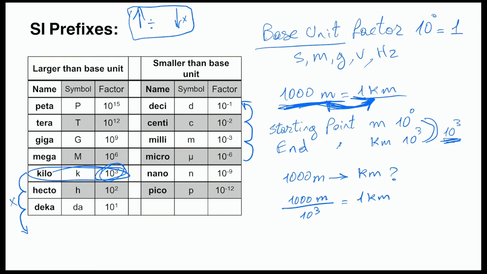And if we're going the other way around, from 1 kilometer to meters, because we're going down, we're going to multiply by the same factor. So we're going to do 1 kilometer multiplied by 10 to the power of 3, which is 1,000. So 1,000 meters. That's how you're going to use the table.